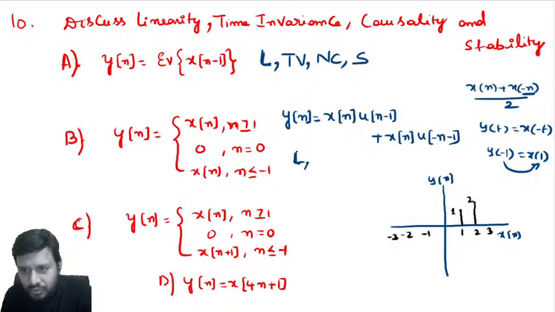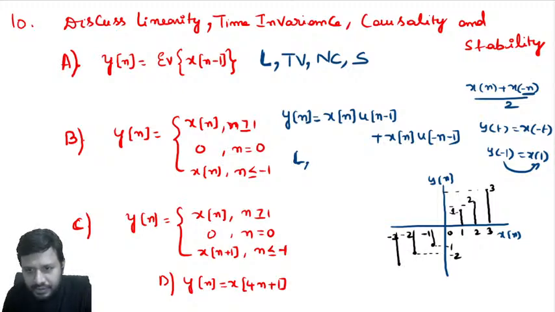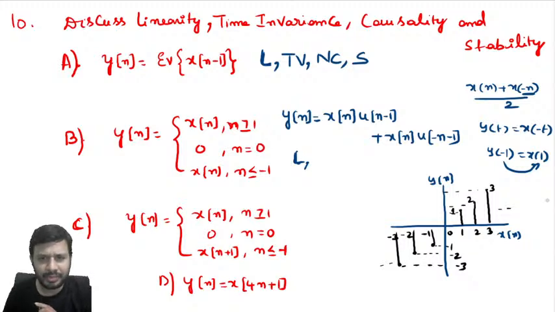This is 2. 3. Right? 0 at n is equal to 0. 0 input, 0 output property satisfied. For n less than or equal to minus 1, in terms of unit step, we'll write it as u of minus n minus 1. This seems to be linear. Yes, this is linear. From the input output relationship also you can calculate, or you follow the method.